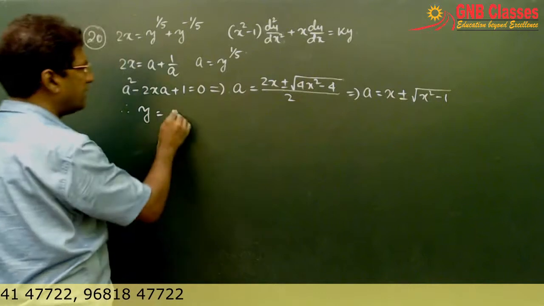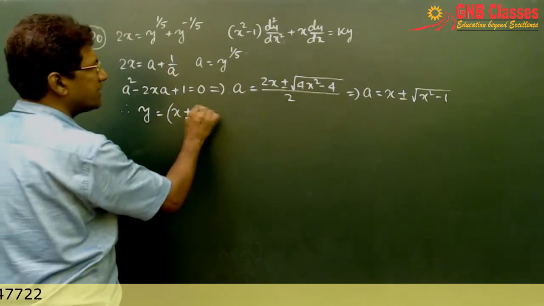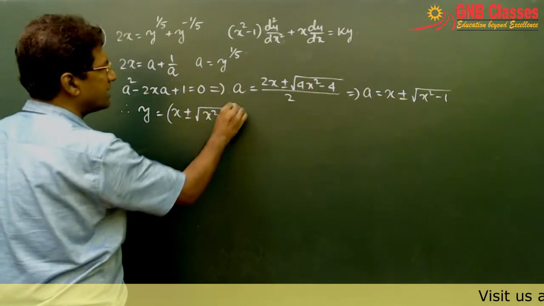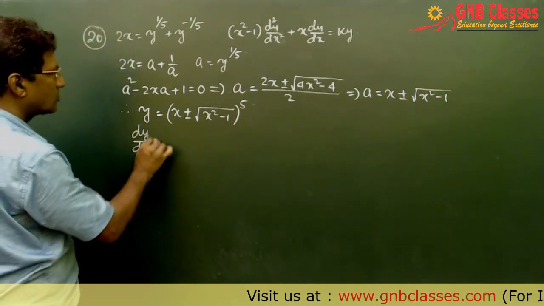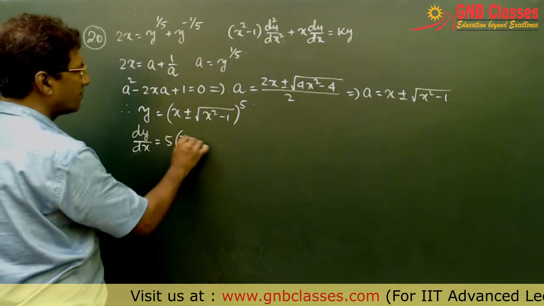Therefore, y will be nothing but x plus minus under root x square minus 1 whole to the power 5. So let me just go for dy dx. So what we are going to get?